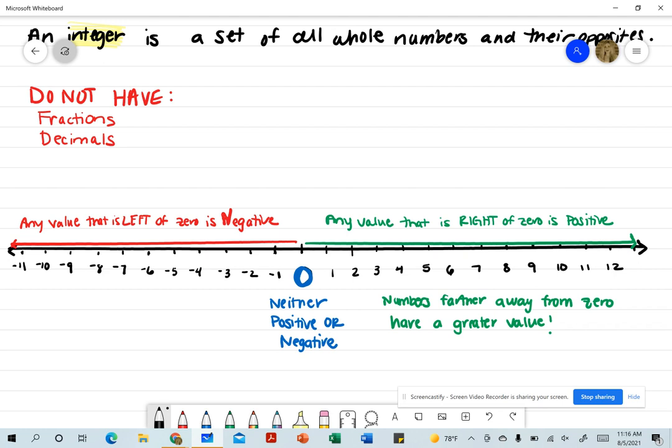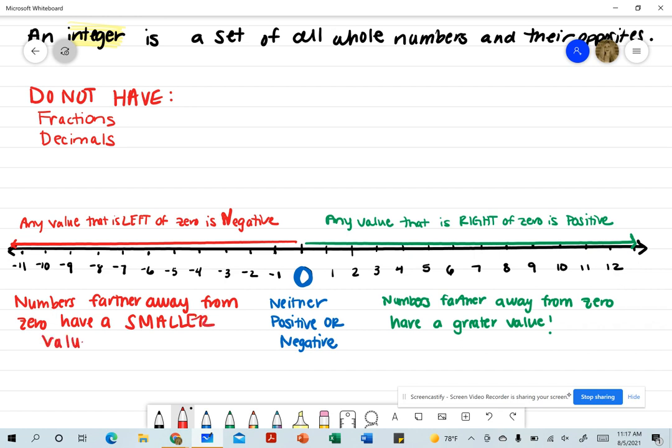Now, what's important about negatives, and this is where it really gets tricky for some kids, is that numbers farther away from 0 have a smaller value.